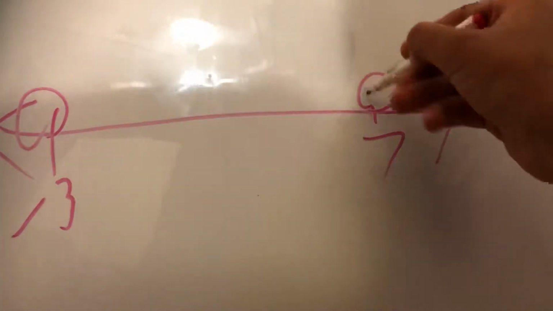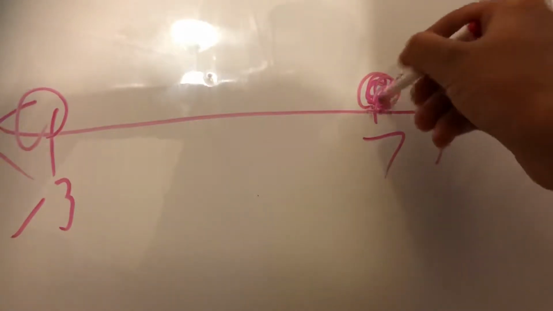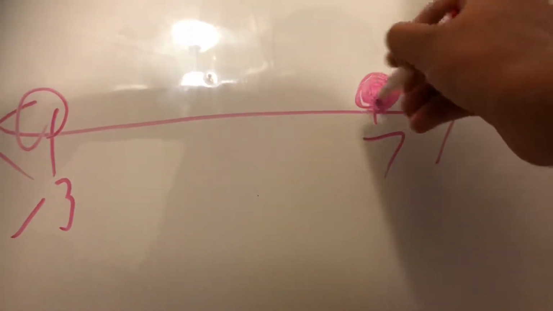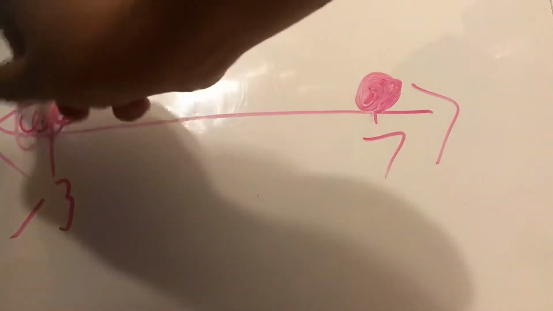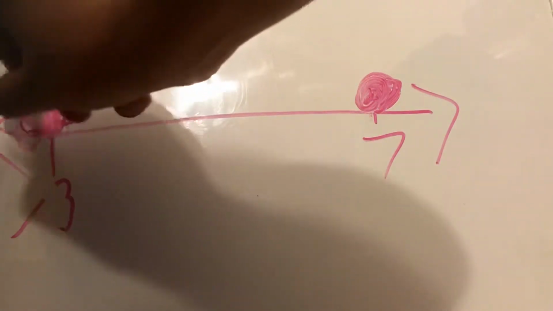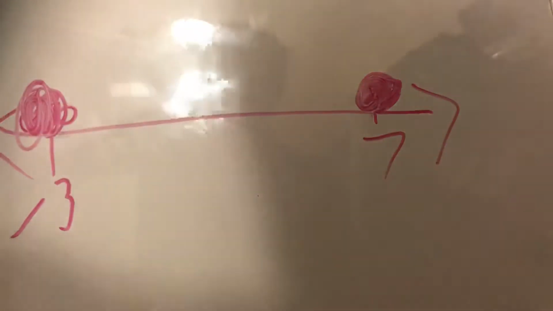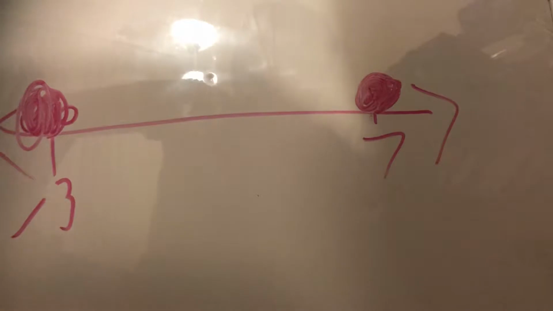So we're gonna color the dots here because only these numbers satisfy this equation, and that's it. That is our number line, and we drew this graph and we finished it.